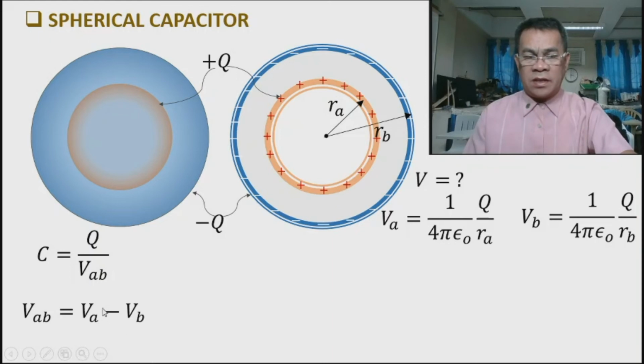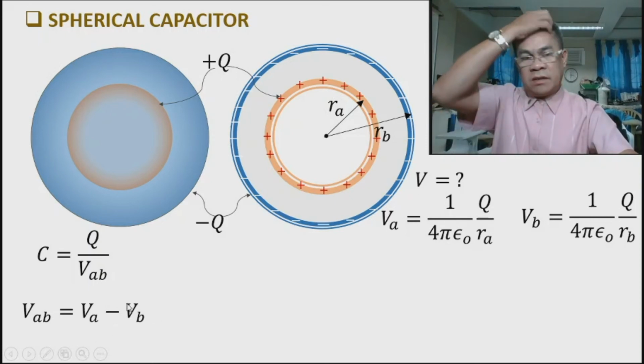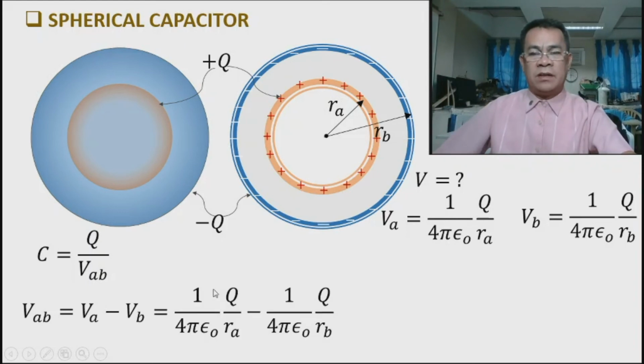Replacing it here, because we need the potential difference in order to solve for the capacitance, we substitute the potential at A subtracted by the potential at B. So this is the result. Take note, we have a common charge and a common constant.